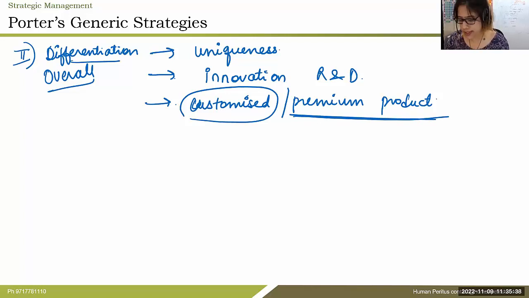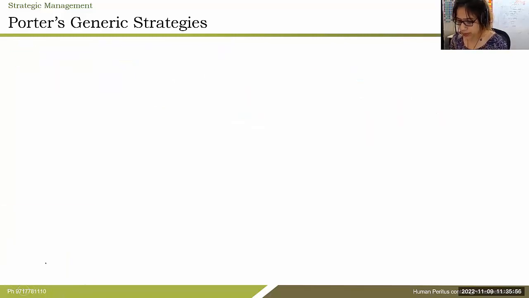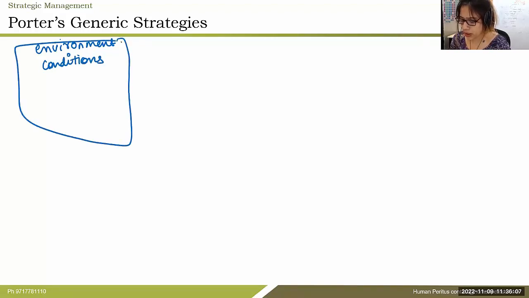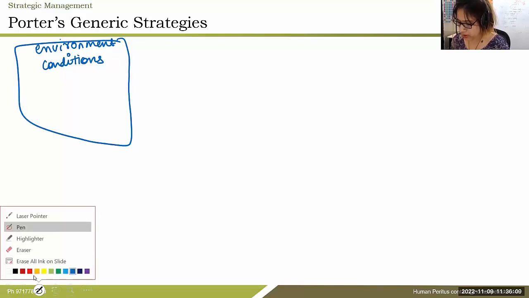Customized we will say during focus, but here we'll say premium product, with overall differentiation, uniqueness, and innovation from our rivals. Now we'll see the environment and conditions required for the differentiation strategy.